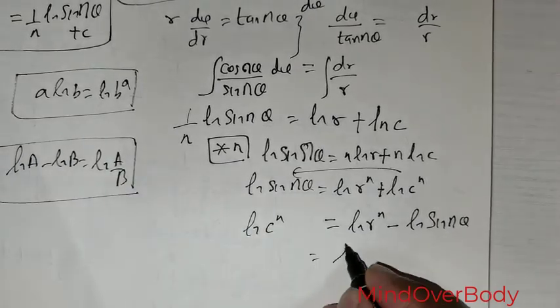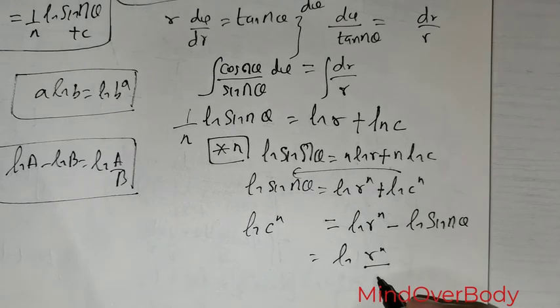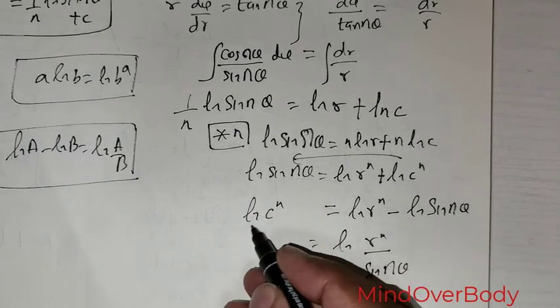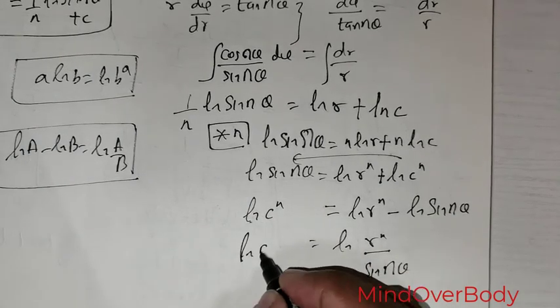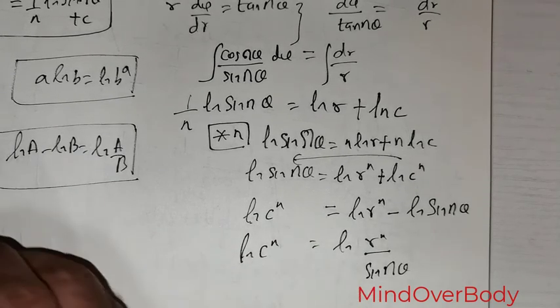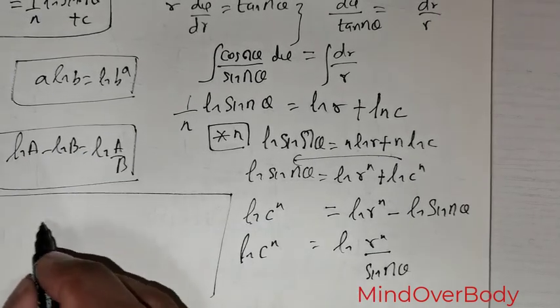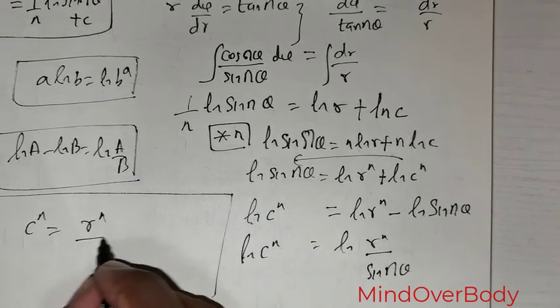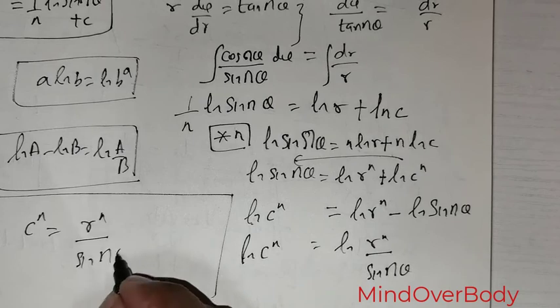So this is going to be ln of r raised to the power of n divided by sin n theta. So this is what I got. Now this is ln, let me write that down, ln c raised to the power of n. Now I can remove ln both sides. So if I were to remove ln both sides, this would give me c raised to the power of n. This is some constant, and r raised to the power of n divided by sin n theta.